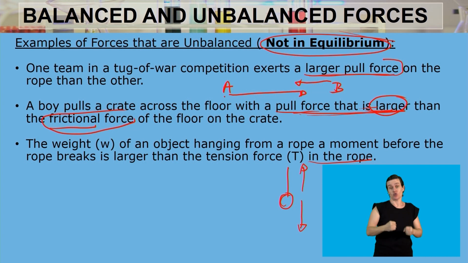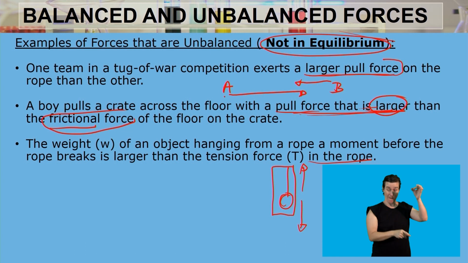That's the reason why the object fell, and the shape of the combination of the rope and object system changed. So if the rope breaks and the object falls to the ground, the force going down is greater than the force going up, and those two forces are not in equilibrium.